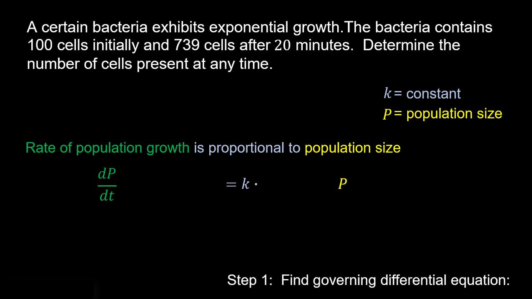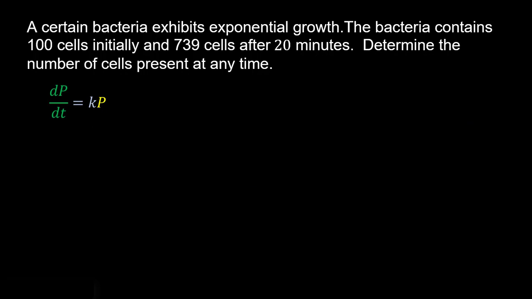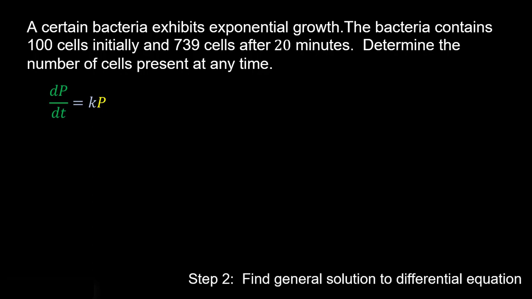All right, so let's move that equation up here and hold it as our governing differential equation. And given this, our next step is going to be to find a general solution to this differential equation. And thankfully our differential equation is in the form of a separable equation, so this process is actually pretty easy.